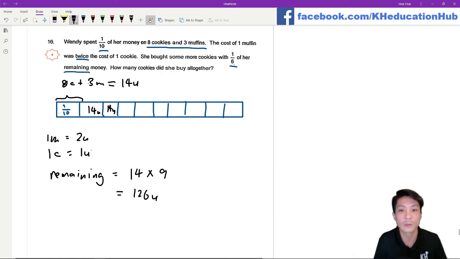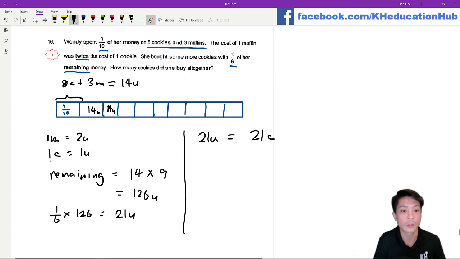Since she bought some cookies with 1/6 of the remaining money, I'm going to use 1/6 multiplied by 126 units, which is 21 units. So 21 units of money buys me 21 cookies, because 1 cookie is equal to 1 unit.